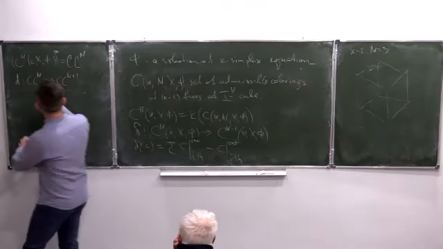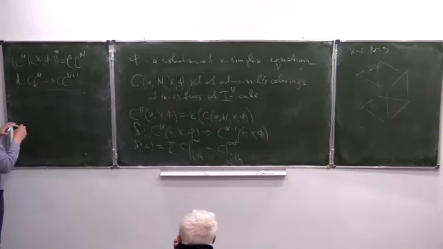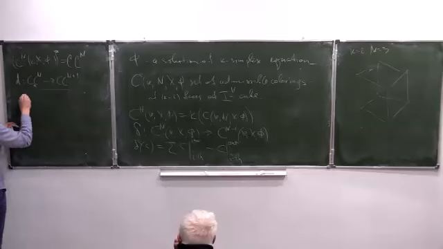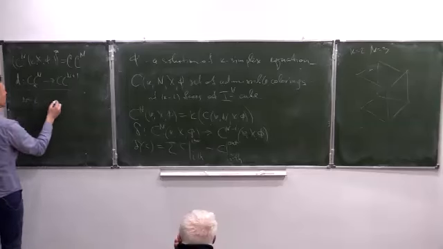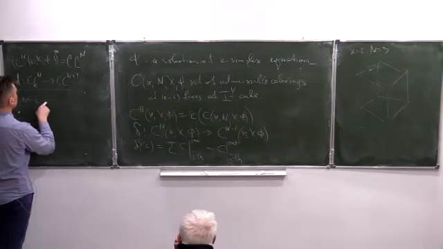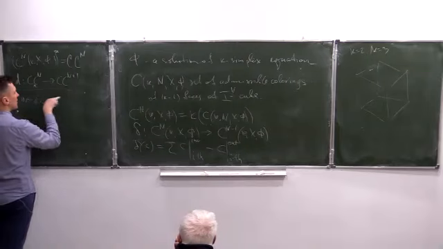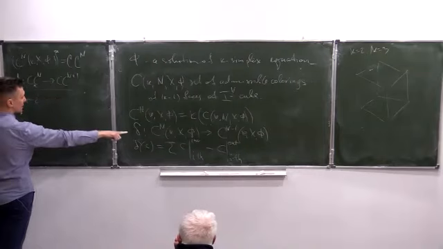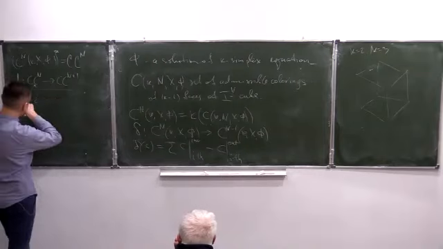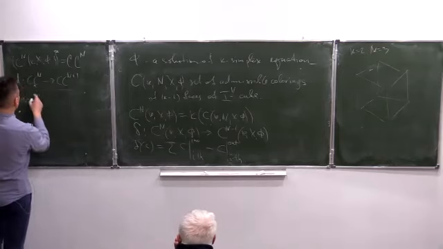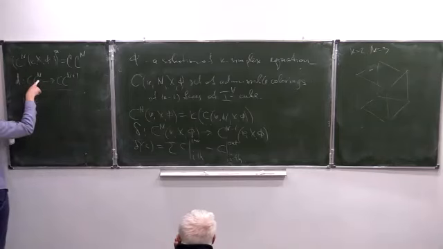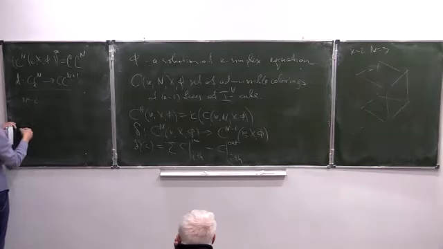So what is this? N equal 2, and we have to calculate the inverse map to this boundary operation. So what is the coloring in this case?